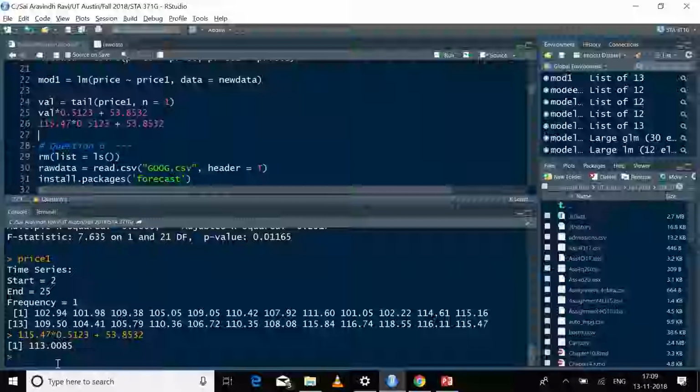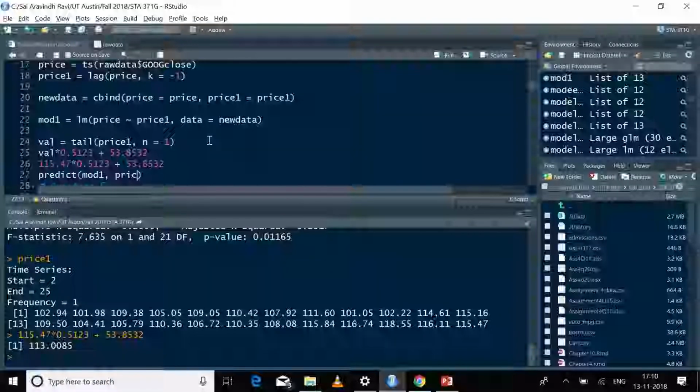Let me try that. What's the syntax for when you have to create a list inside of predict?